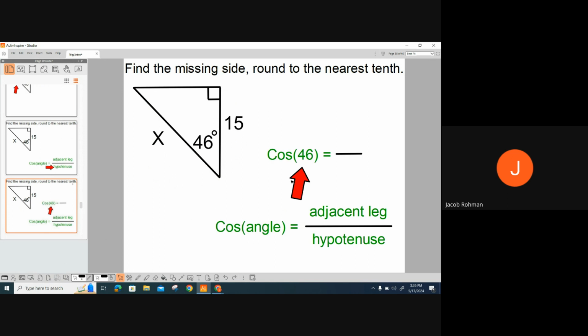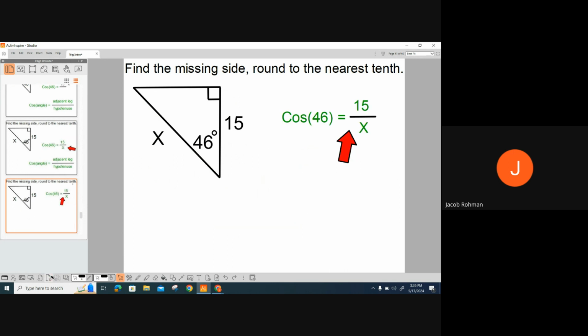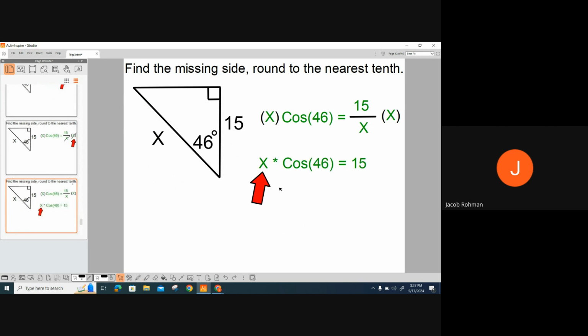So let's start with our reference angle. Cosine of 46 is going to be equal to the adjacent leg, 15, divided by the hypotenuse, which is x. Now to solve this for x, we have to multiply both sides by x, which is going to eliminate the x's on the right side of the equation. Then on the left side, we're going to have x times cosine 46 is equal to 15.